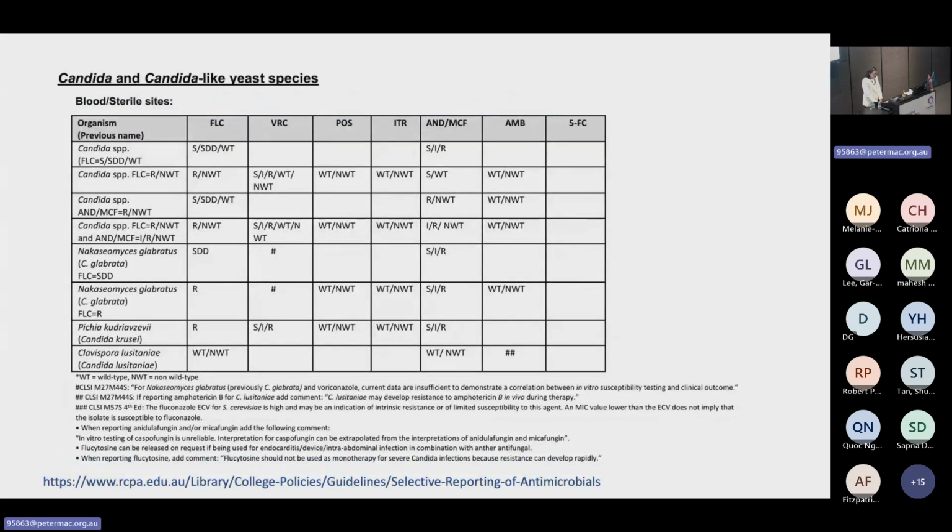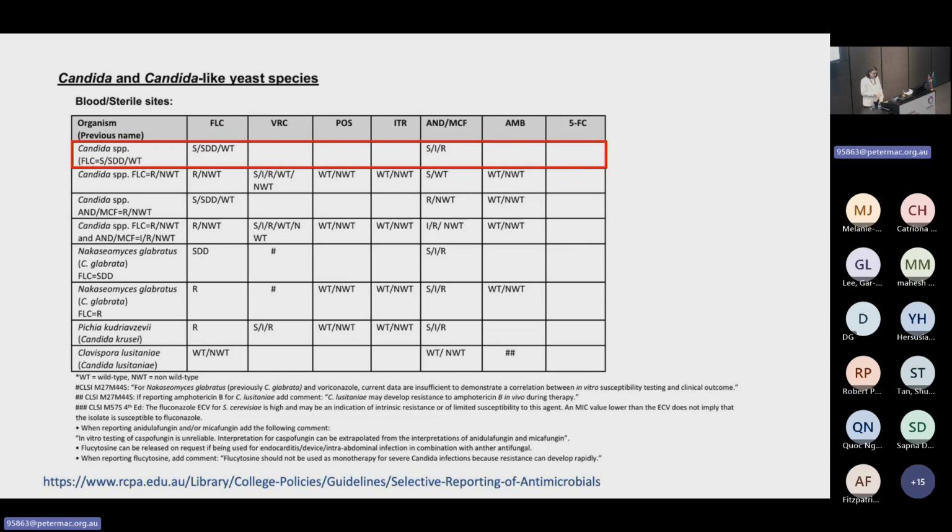So just taking one of the tables on Candida from blood, for most Candida species that are susceptible or susceptible dose dependent or wild type to fluconazole, we would want to nudge the clinician towards using fluconazole, I guess.